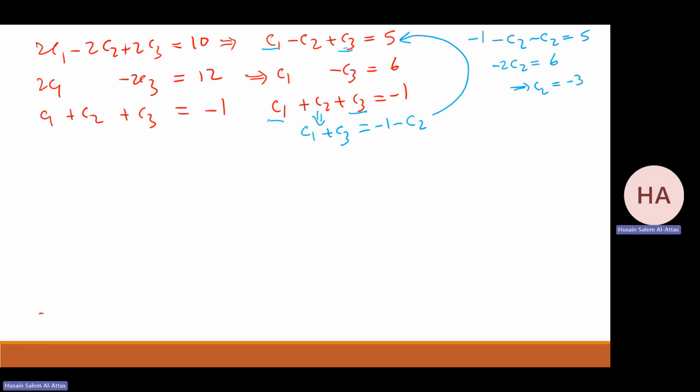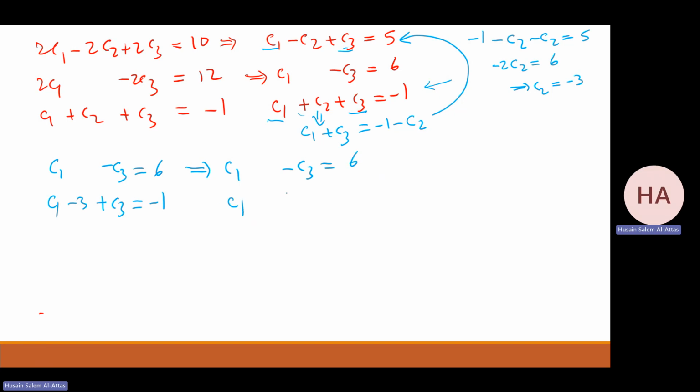I get C2. Then substitute it in this one, for example. I have C1 minus C3 equals 6, and here C1 plus C2, which is -3, plus C3 equals -1. As I said, you have 3 equations, 3 unknowns.